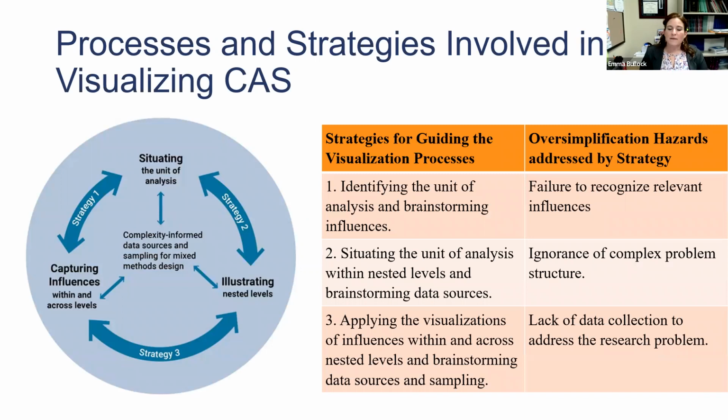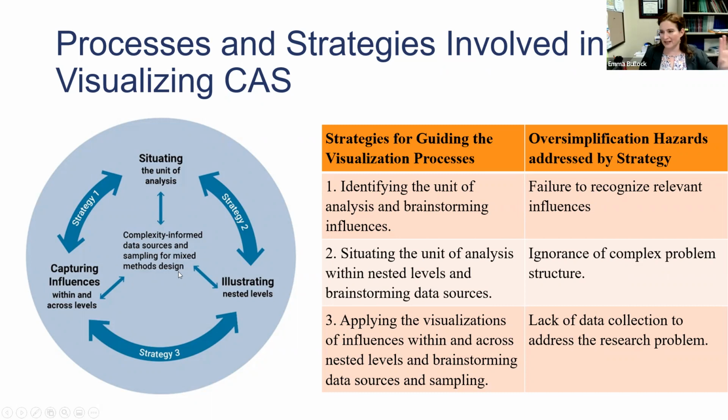So I want to start by just explaining this visualization. If we're at the beginning of trying to design a research study involving an educational complex adaptive system, then we want to think through carefully and understand the complexity-informed data sources and sampling.